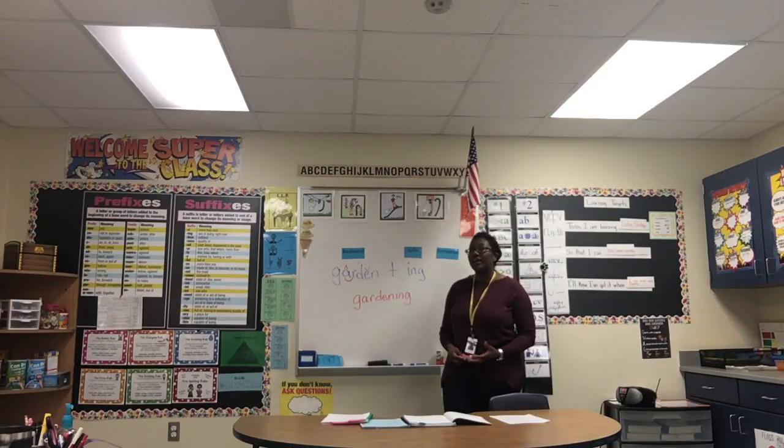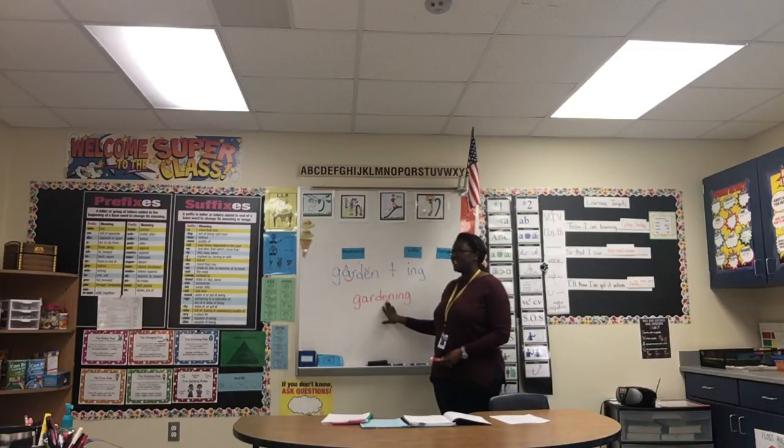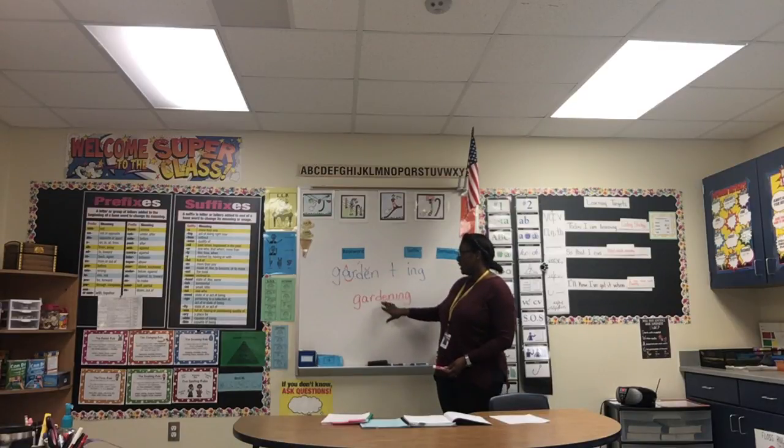The reason why we don't double the N is because it's before an unaccented syllable. So D-E-N is unaccented, which is the second syllable in gardening, and we're adding a vowel suffix, so therefore you just add. You don't have to double the N.